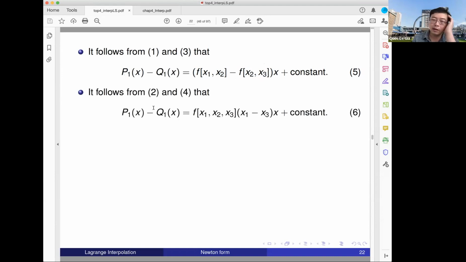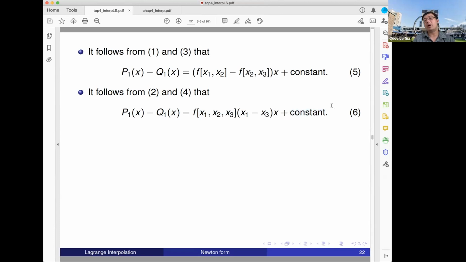And now if I take 2 minus 4, you just have to believe me, otherwise we have to spend time doing the algebra. But essentially, if you take 2 minus 4, then you got P1 minus Q1. And if you worry only about the coefficient for x, then it will be this term, plus some constant.